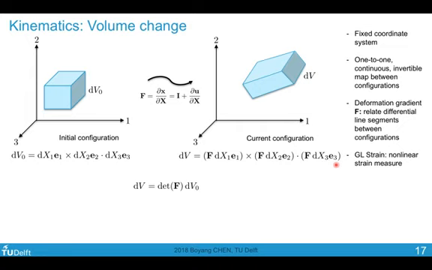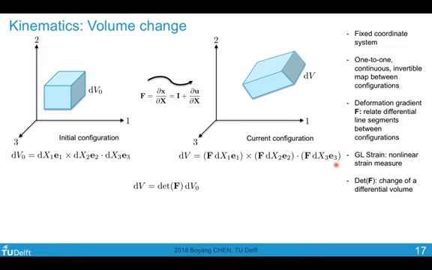This is the relationship between the differential volume in the current configuration and in the initial configuration. So determinant F relates the change of differential volume.